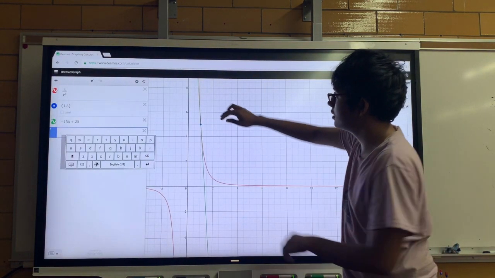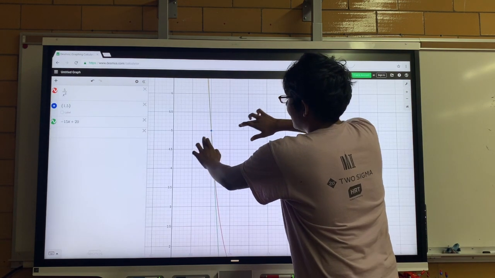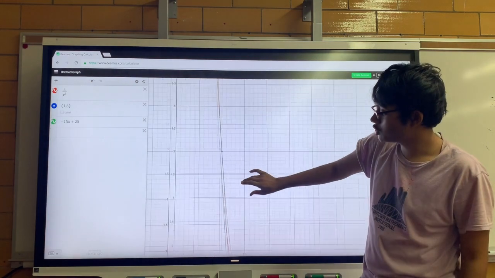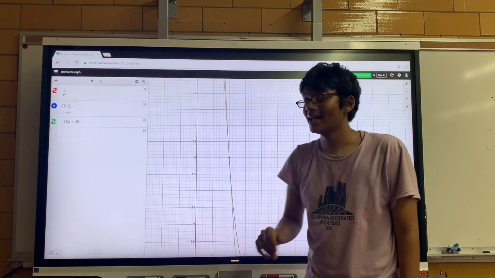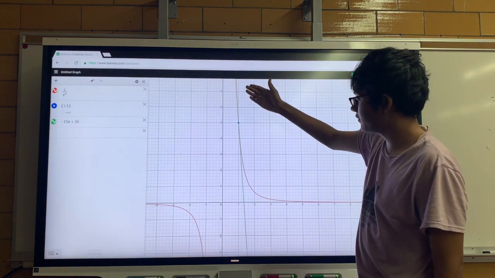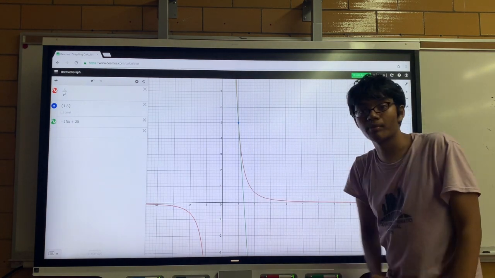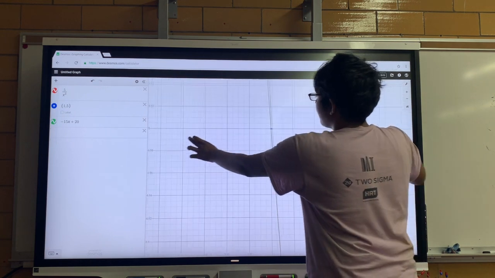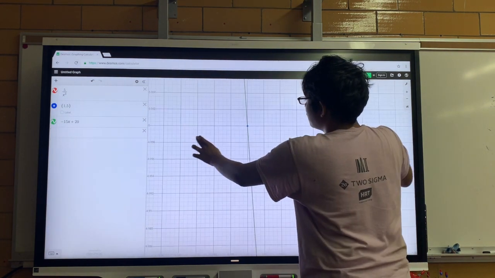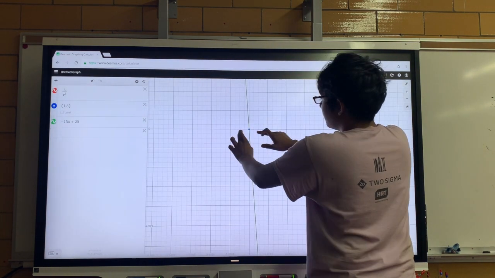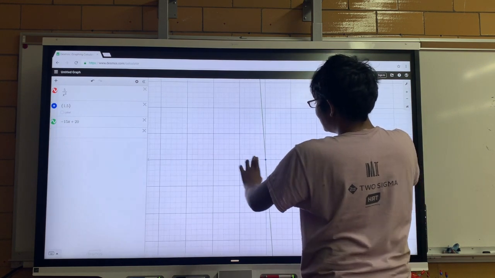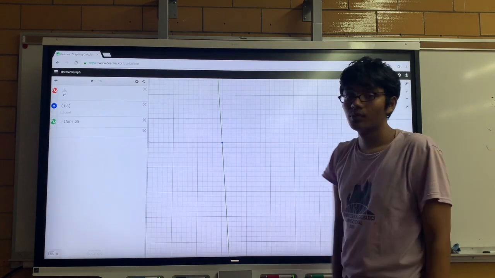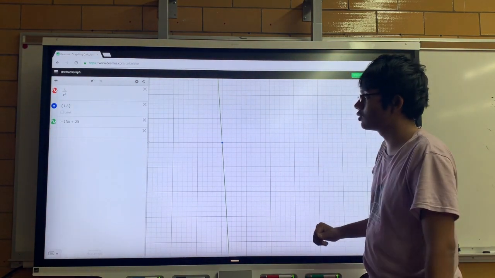If I zoom in at x equals 1, you can see the slope of the tangent line approaches the slope of the function at x equals 1. Even from far away, you can see that the slopes approach each other, but let's zoom in extremely, let's zoom in infinitesimally small, right? At this point, you can see that the tangent line almost merges with the function at x equals 1.